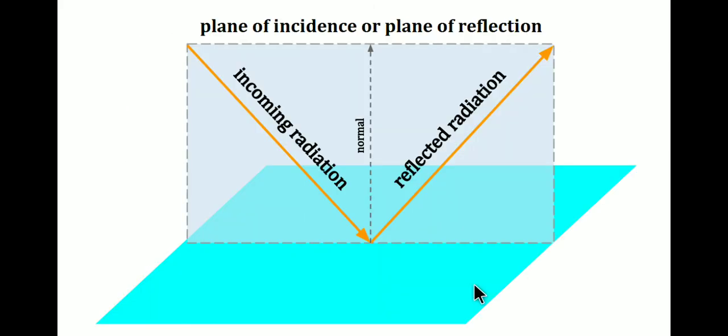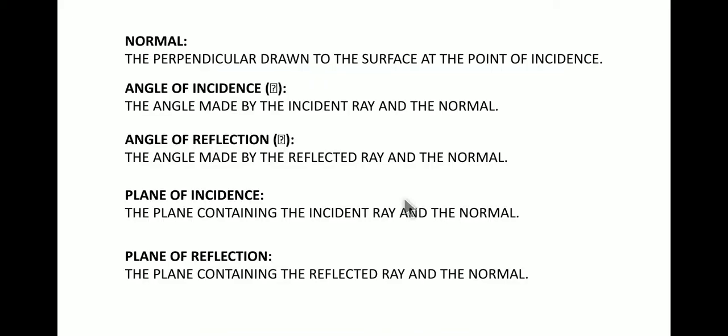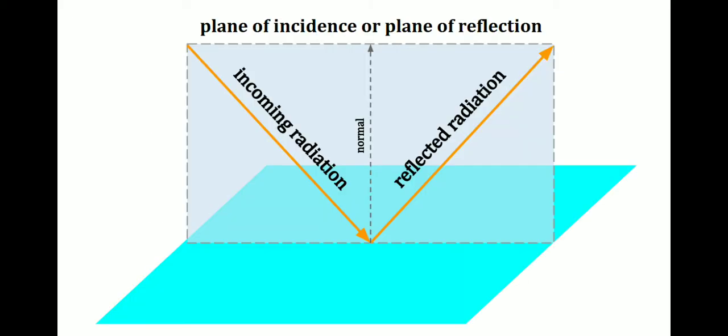If you pass a plane through the normal and the reflected ray, then that plane will be called the plane of reflection. So in this figure you can see that the plane of incidence and the plane of reflection are the same plane. It's actually a 3D picture, you should imagine it this way. It's a plane in which the incident ray, the normal and the reflected ray all are lying on the same plane.